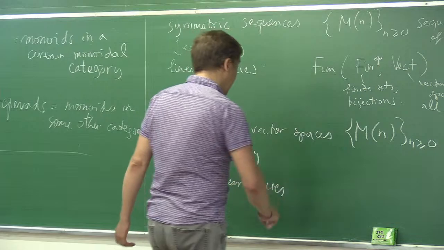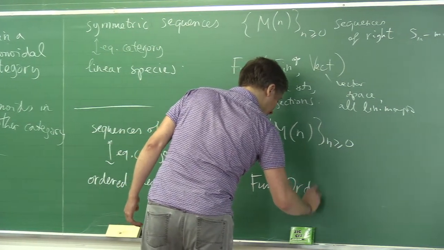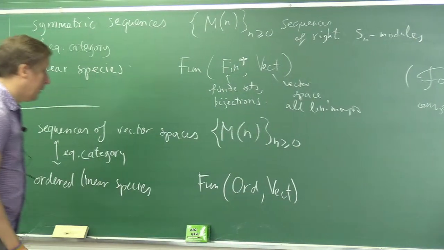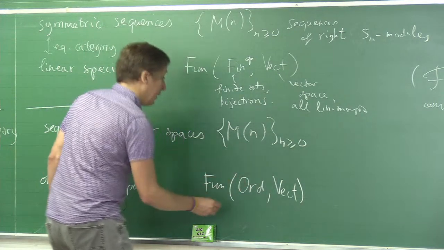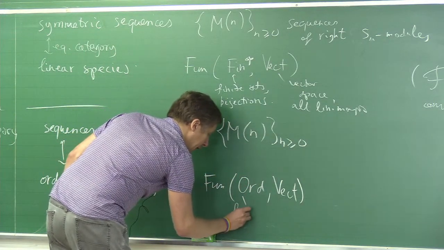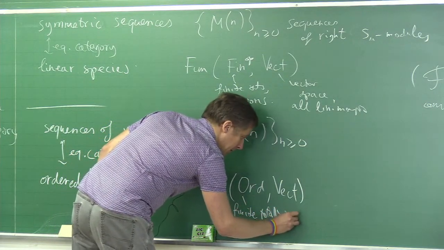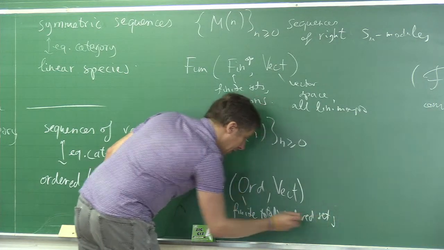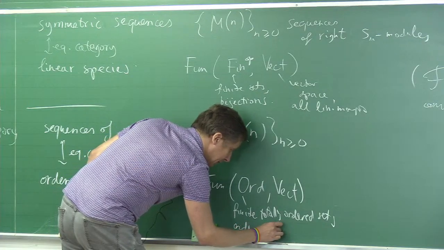Somehow these are functors from the category of finite, totally ordered sets, and the morphisms are order preserving bijections.